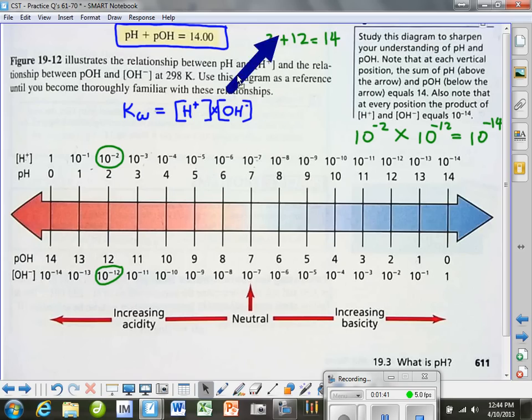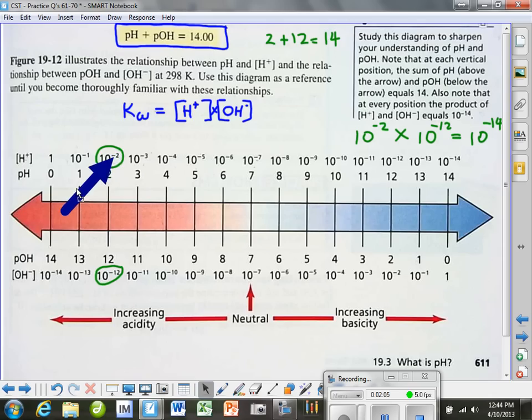So in this chart, you're seeing the hydrogen ion concentration all the way across, and the hydrogen ion concentration is getting smaller as that negative number gets bigger. Also, the pH is getting bigger because pH is the minus log of these numbers.